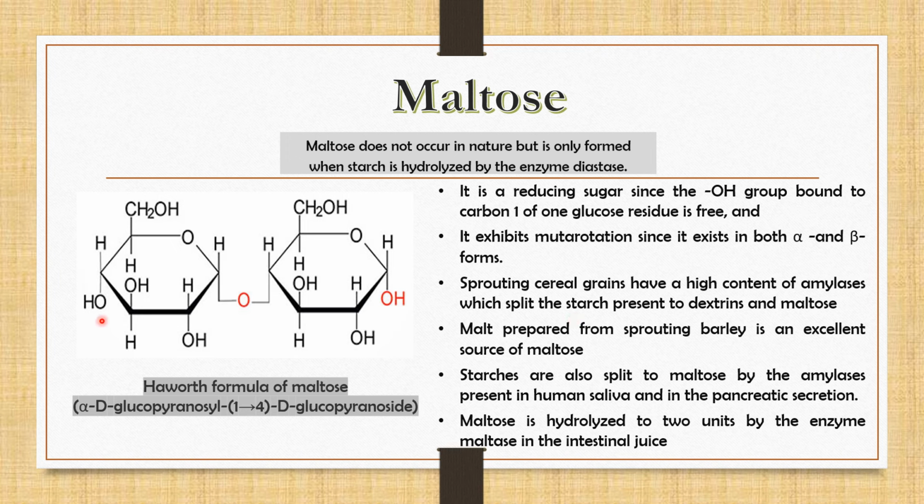An alpha-D-glucose forms a glycosidic bond with carbon 4 of another glucose, which gives us an alpha 1,4 glycosidic bond. And with this, it leaves this anomeric carbon free.